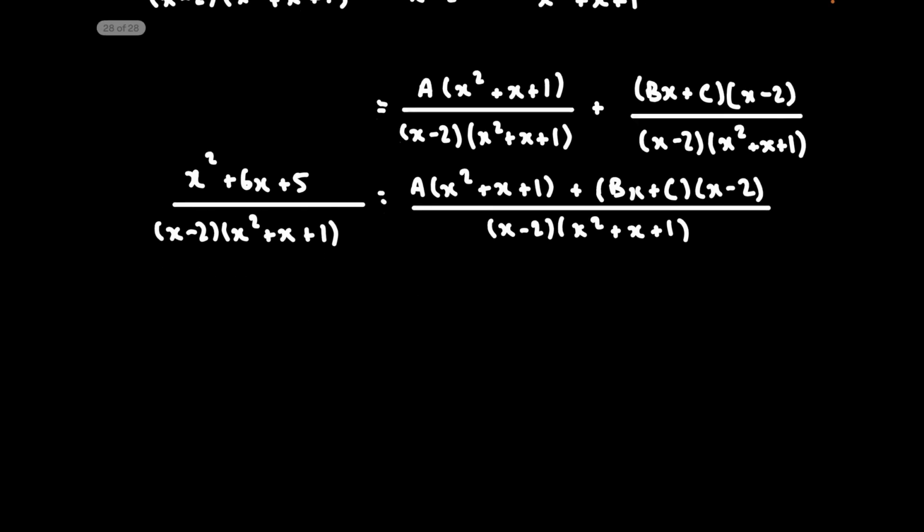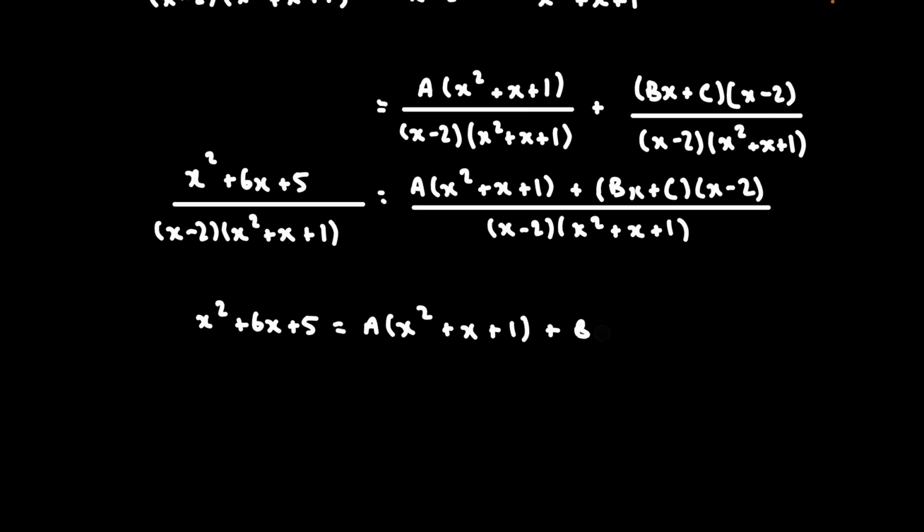And because the denominators are already the same, I can simply equate the numerators. So that means x squared plus 6x plus 5 is equal to a times x squared plus x plus 1 plus bx plus c times x take 2. Ugh, how disgusting is this?